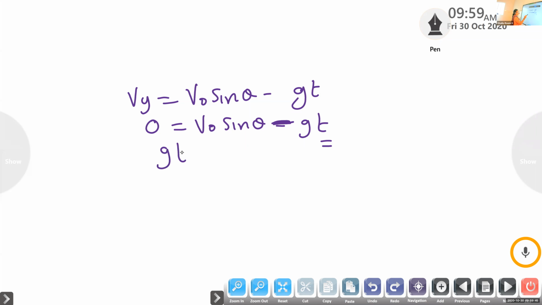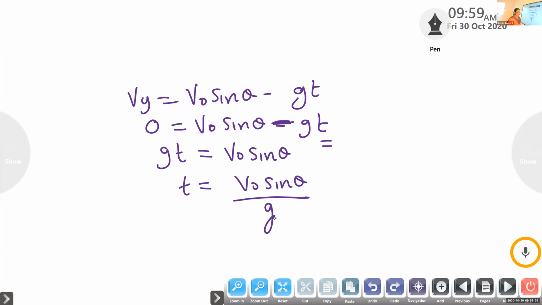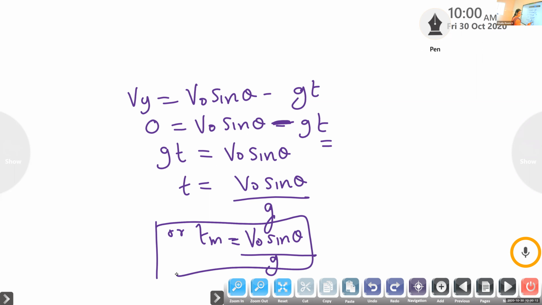So you will get gt is equal to V0 sin theta. Therefore, t is equal to V0 sin theta divided by g. Or Tm is equal to V0 sin theta by g, because instead of t, we are writing Tm, for maximum height. So this is the time in one direction only, that is going upward.